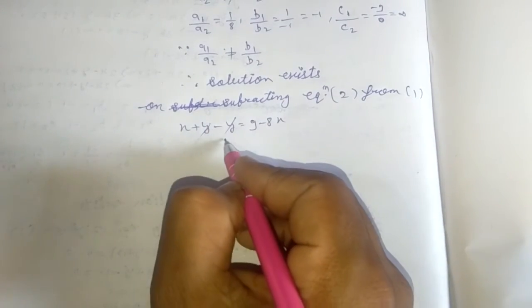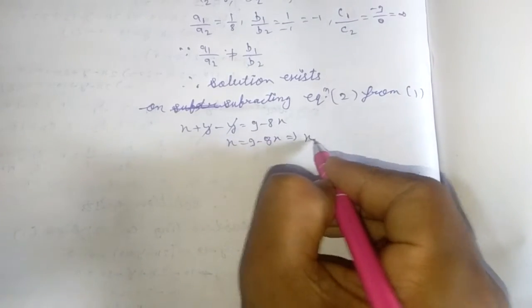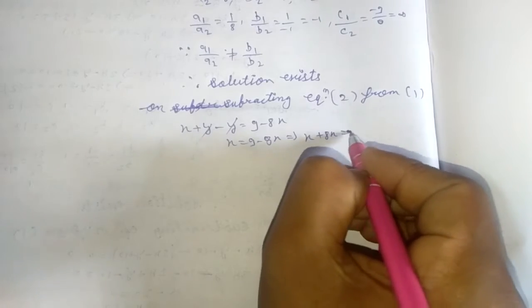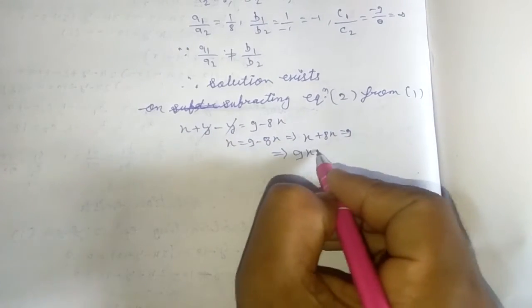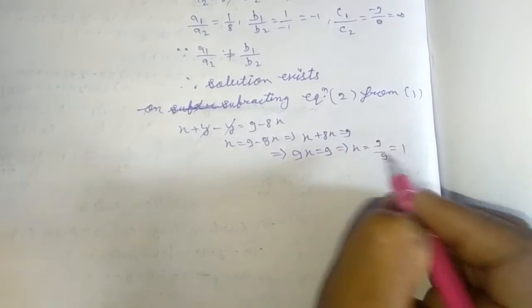Y cancels out. X is equal to 9 minus 8x. This implies that x plus 8x is equal to 9. This implies that 9x is equal to 9. So x is equal to 9 upon 9, equal to 1.